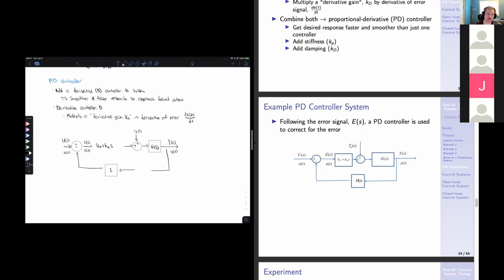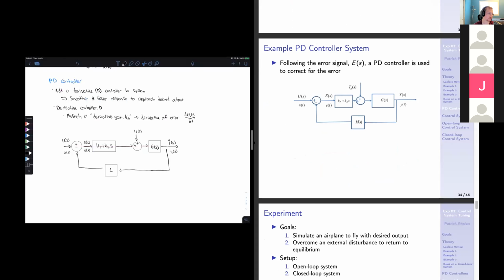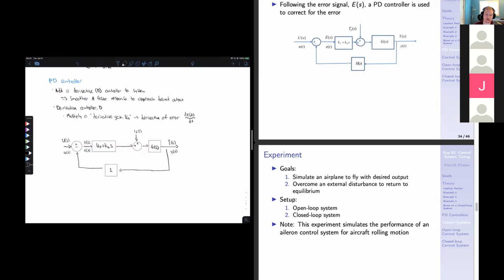So again, s is the derivative of the error. All right, there we go. In the slides here, it shows H of s instead of 1, but remember we're using a constant gain of 1 because this is basically a sensor for our output. We don't want to modify what we're reading for the output, so we use a gain of 1. Okay, any questions on the PD controller?